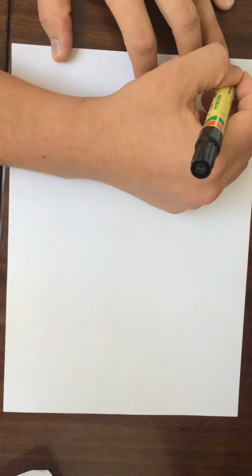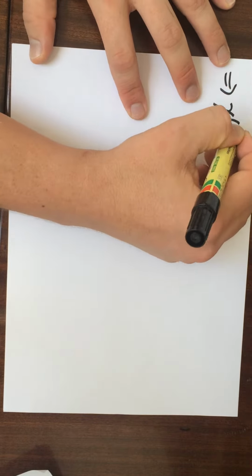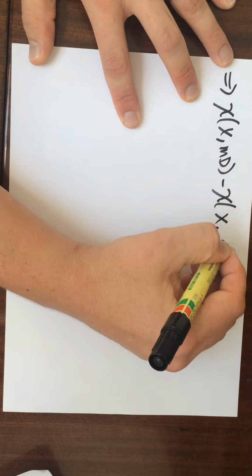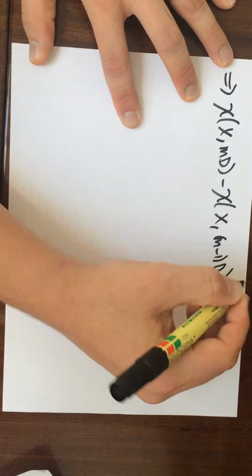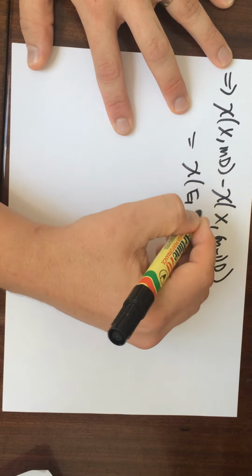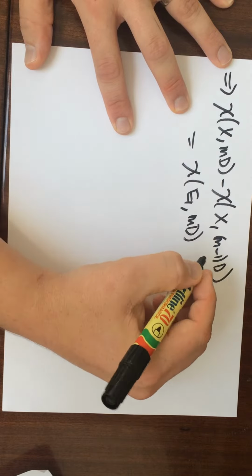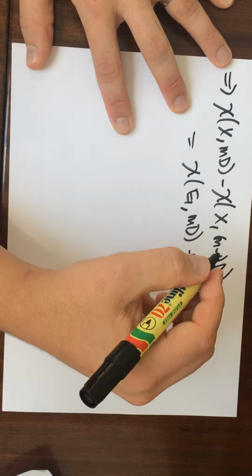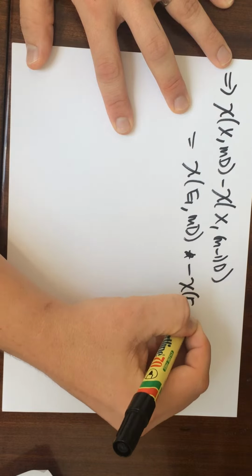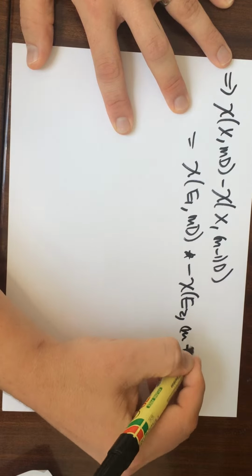There's an important fact: chi of X of md minus chi of X of (m minus 1)D is equal to chi of E1 of md minus chi of E2 of (m minus 1)D.